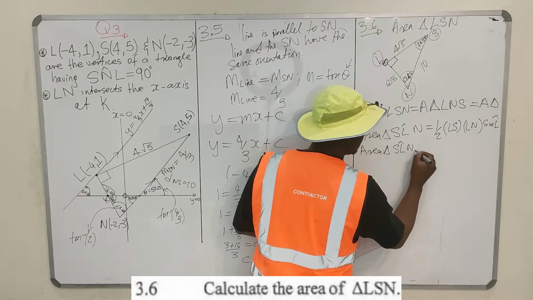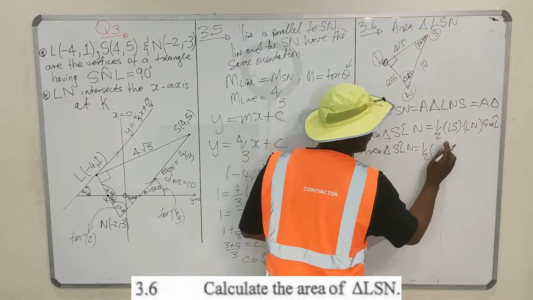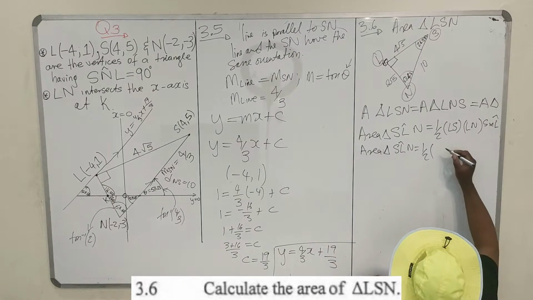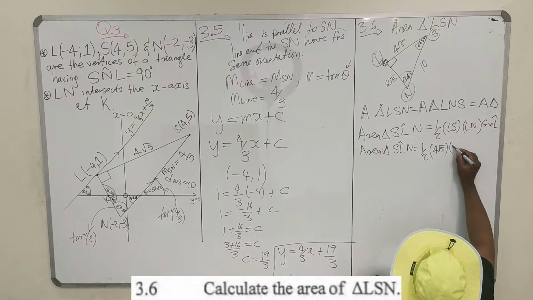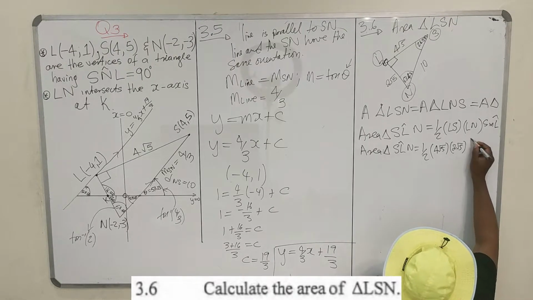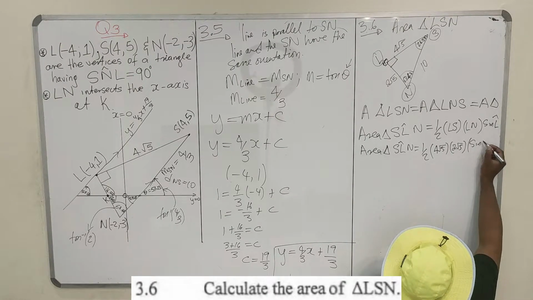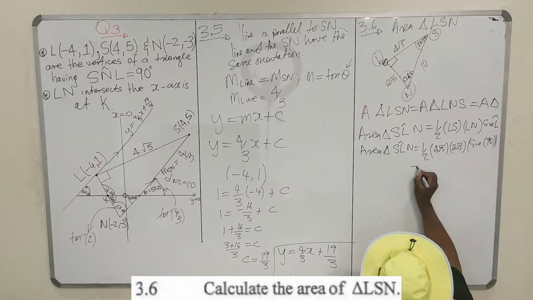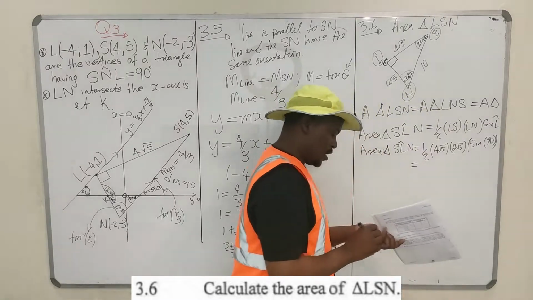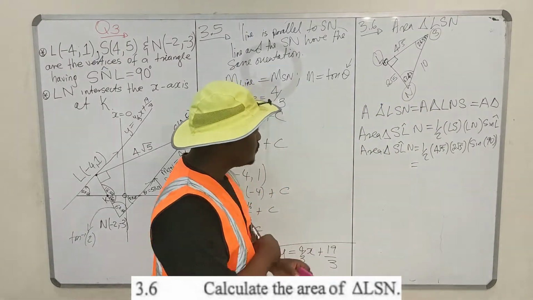SLN will be equal to half of LS. What is LS? It's 4 root 5. What is LN? It's 2 root 5. Sine of angle L, which is 90 degrees. So here's the area. So you can punch this and get your area. Let me punch it.